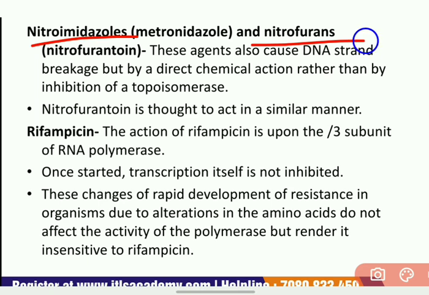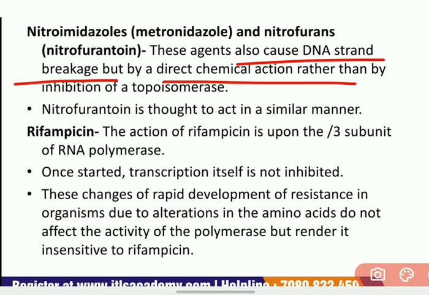Nitroimidazoles and nitrofurans. Nitroimidazoles are metronidazole and nitrofurans are nitrofurantoin. These agents also cause DNA strand breakage, but by a direct chemical action rather than by inhibition of a topoisomerase. Metronidazole is active only against anaerobic organisms.